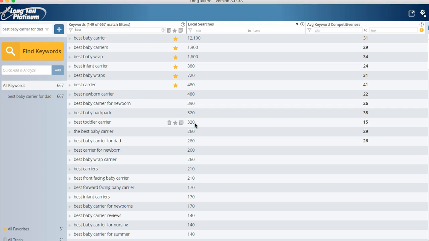Now, as I mentioned before, this isn't the only query you'll rank for if you publish a page about toddler carriers. I guarantee you that you'll be appearing for other related terms.